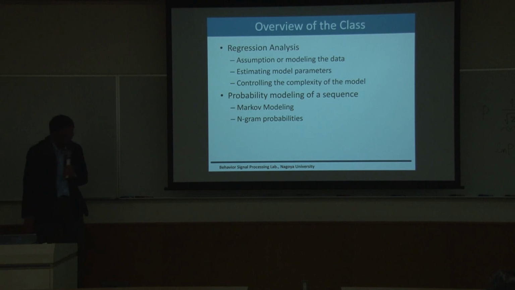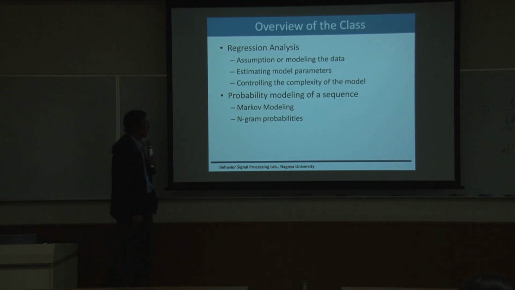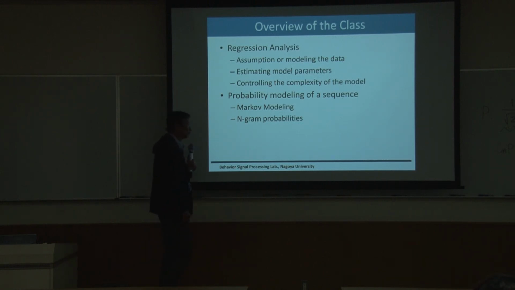Okay, so this is the final slide of today. I talked about regression analysis first, and assumption and modeling. What do those words mean? That was the first subject. And also, I reviewed and generalized the basic way to estimate the free model parameters based on least square minimization.